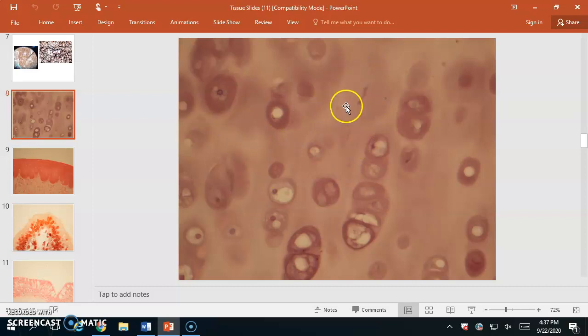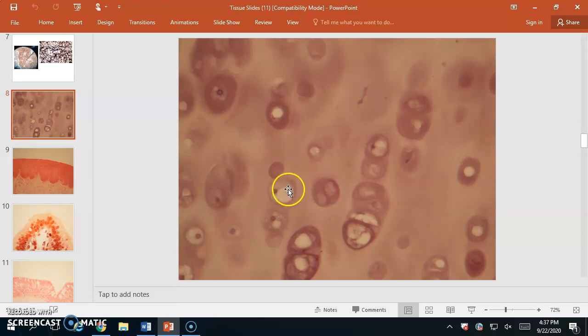So that is what hyaline cartilage looks like, and the cells associated with it, the chondroblasts and the chondrocytes. It's similar to the osteoblasts and osteocytes.